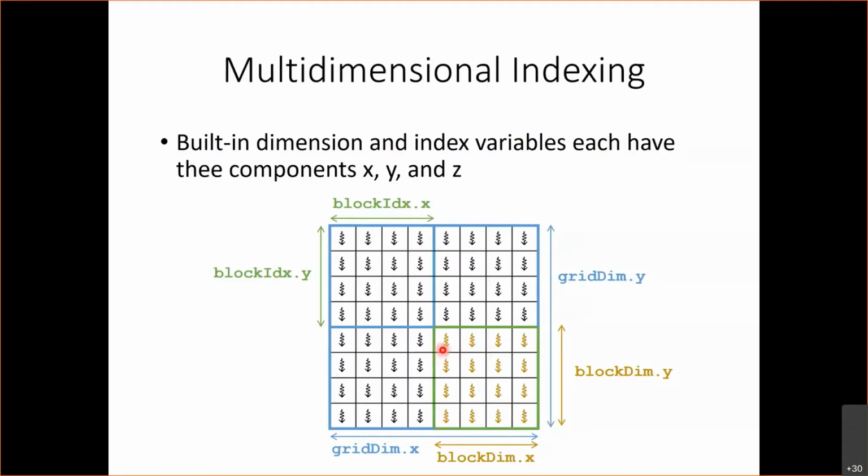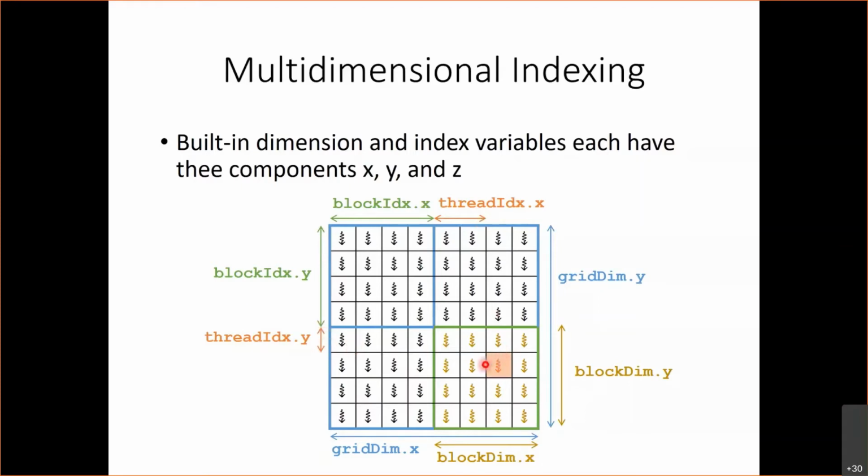Could be anything. And then finally, for a particular thread, we're going to have a threadIdx.x and a threadIdx.y. For this thread over here, the threadIdx.x is 2, and the threadIdx.y is 1.